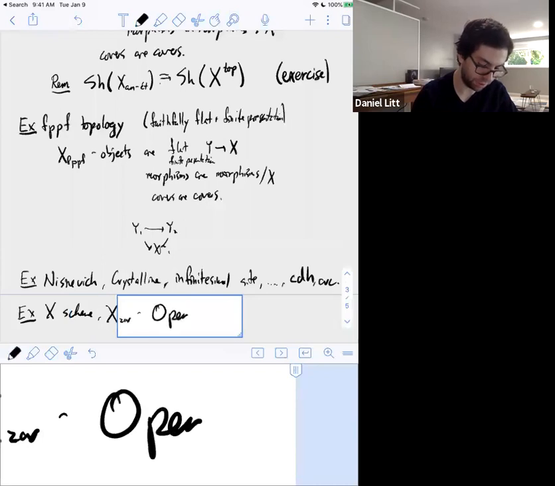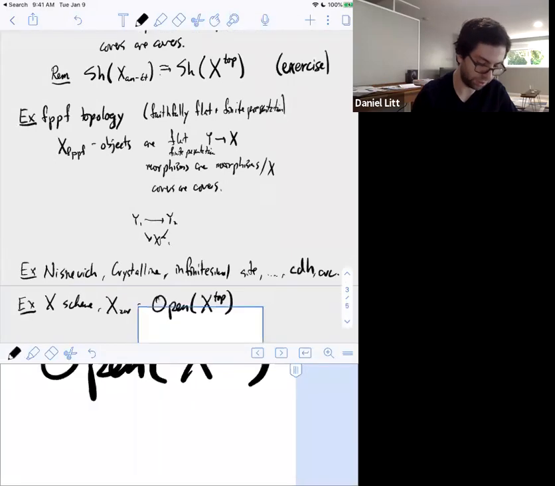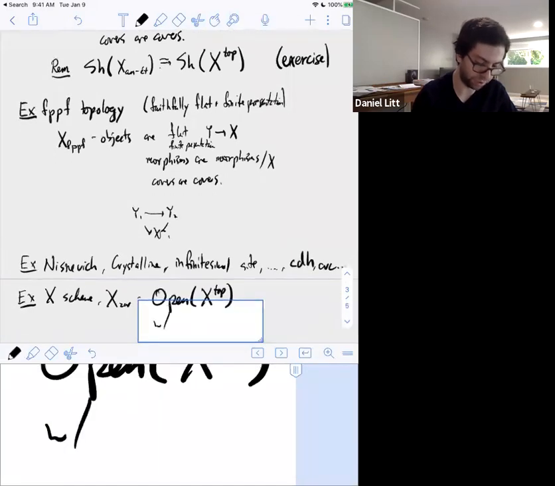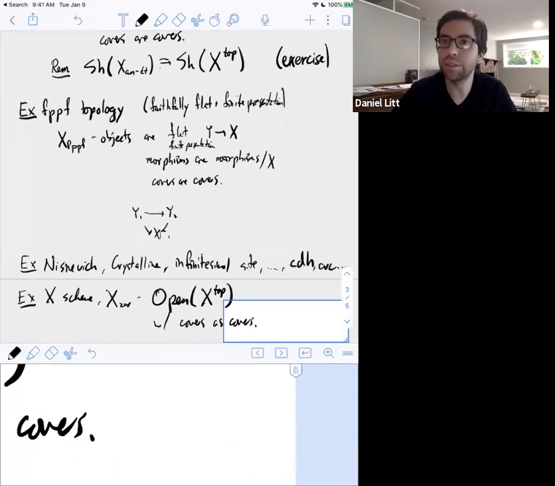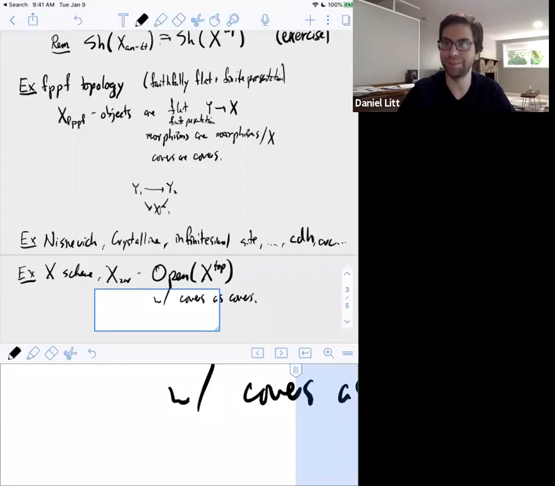It's the open subsets of the underlying topological space of X with the usual Grothendieck topology with covers as covers. Does that answer your question, Sophie? I'm going to assume it does. A scheme is a topological space with the Zariski topology. Thank you for asking about that.